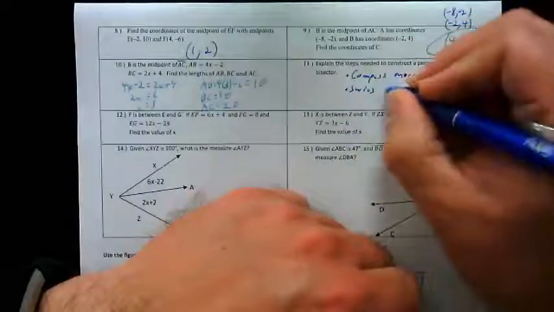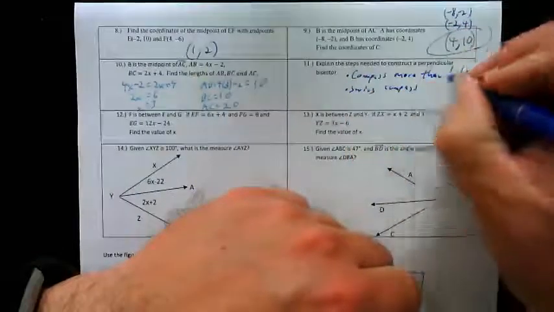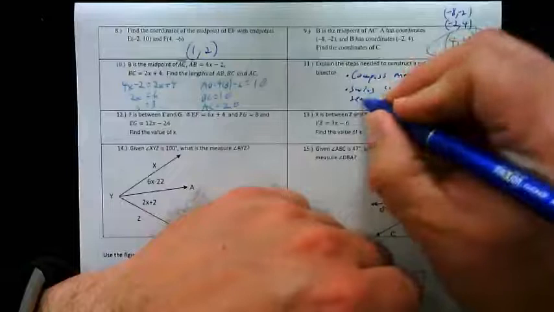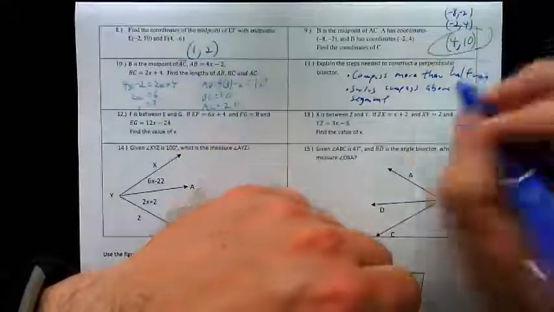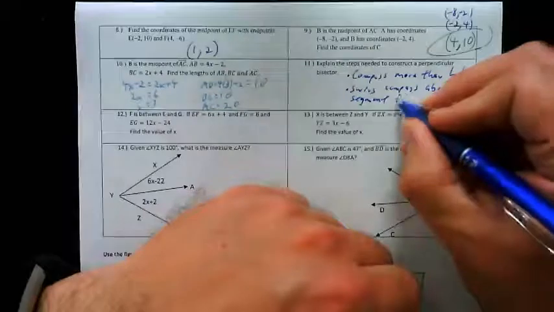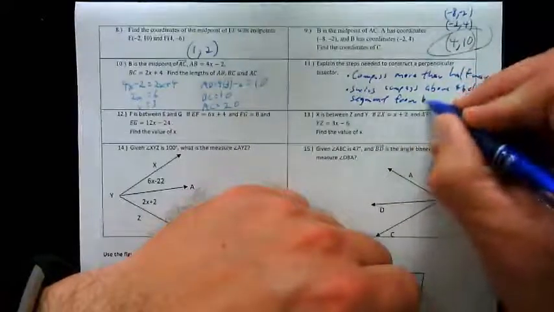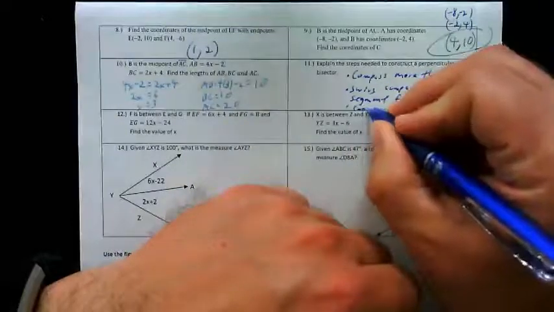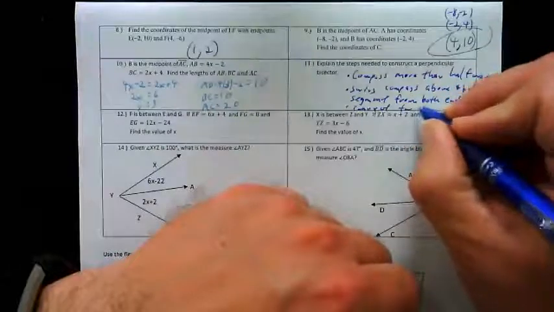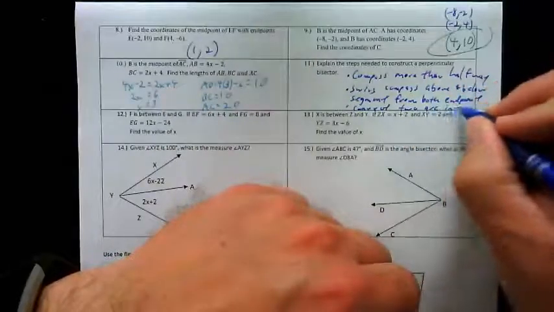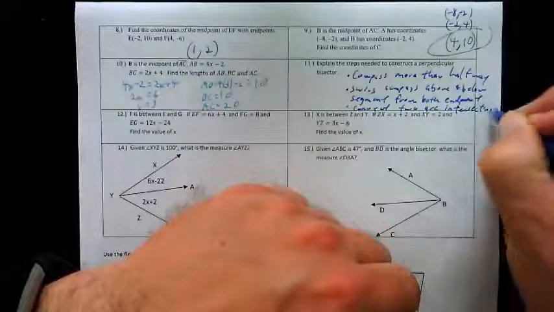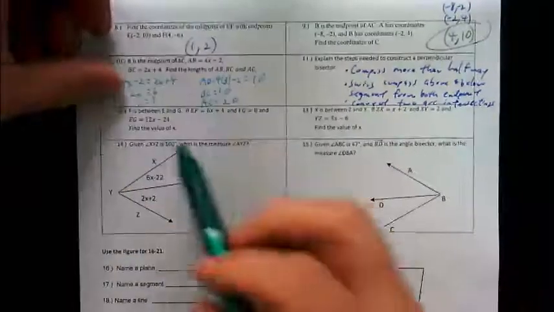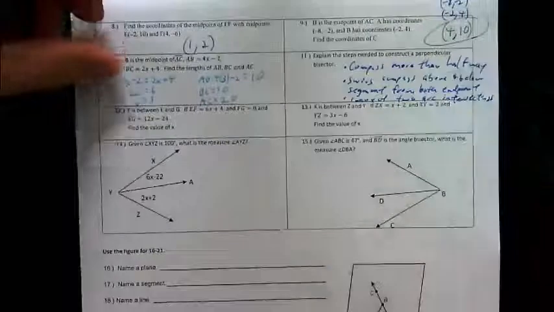Swing the compass above and below the segment from both endpoints, then connect the arc intersections. So that's a very short version of the steps. If you have questions on that, go back and watch the video earlier.